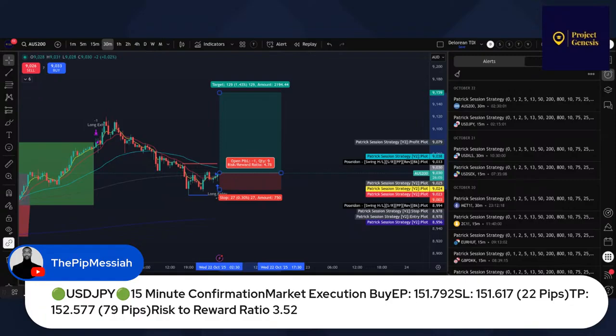And take profit at 91.59, 129 pips. And 720. 4.79.